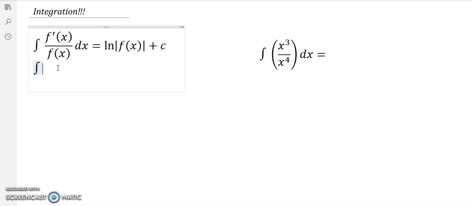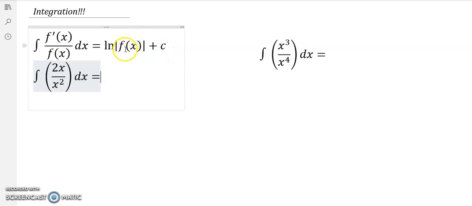We have the integral of 2x divided by x squared dx equal to, let's check this out. On the denominator we have x to the power 2. However, we know that the derivative of this one is nothing but 2x, meaning that we can write it in this form: ln the absolute value of f of x plus the constant c.